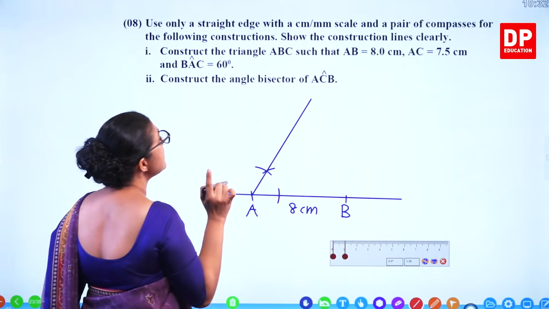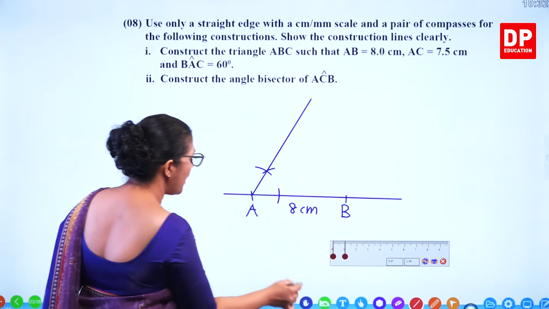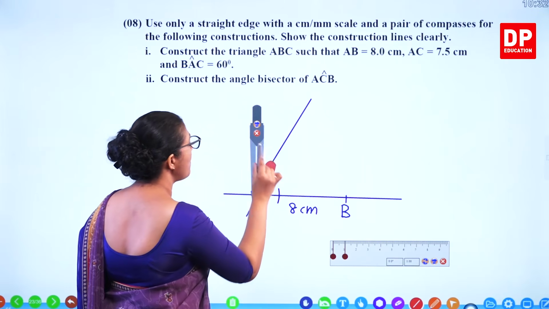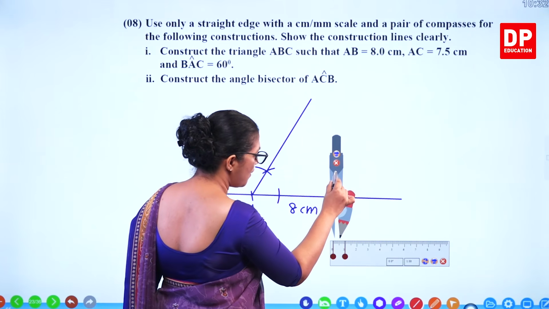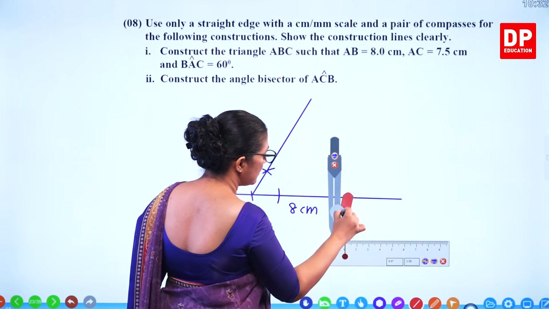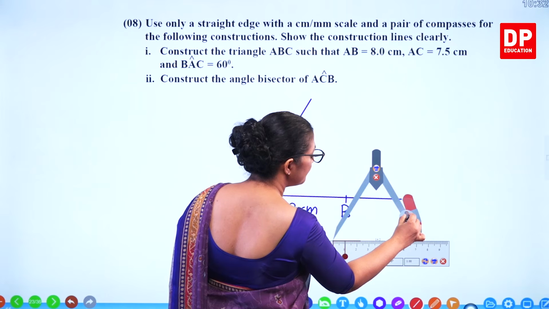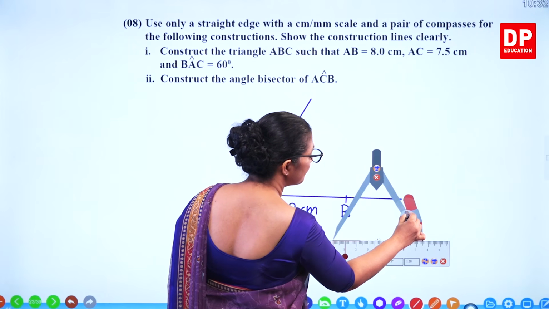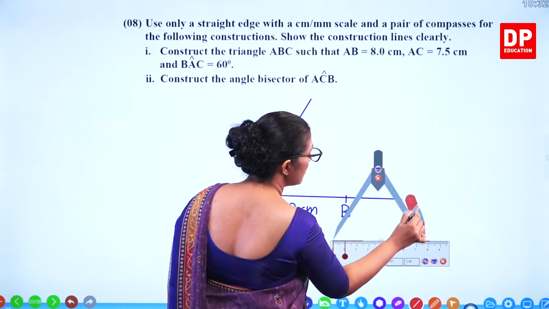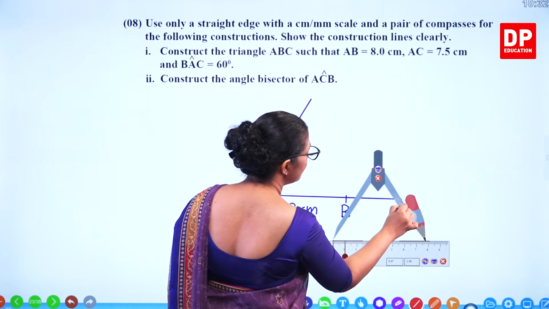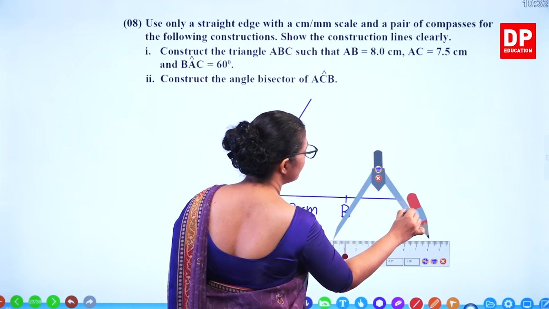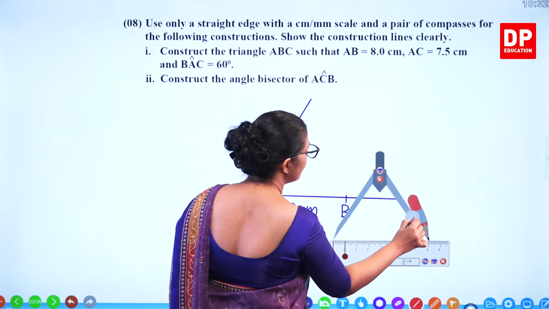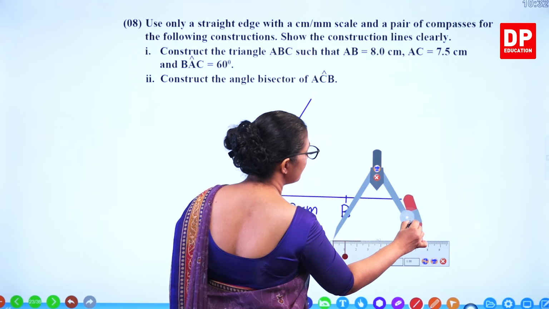So what's the AC length now? 7.5. So measure 7.5 centimeters and then you can mark the point. So 7.5.